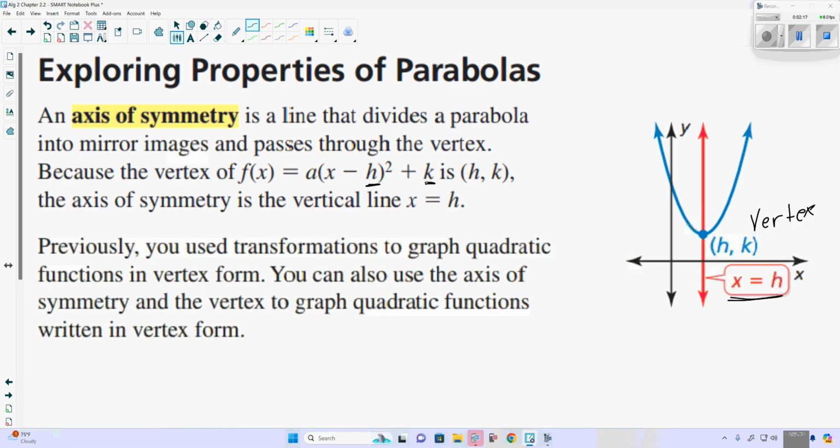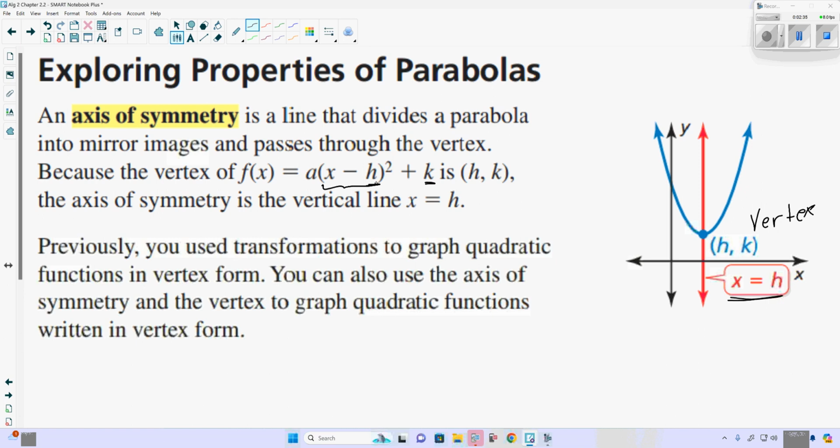Now we do have to be careful with the h value because in the form it's x minus h, so we do have to flip the sign as it comes out. So if it's x plus 3, h is negative 3. If it's x minus 3, h is positive 3. We do have to be paying attention to that there.